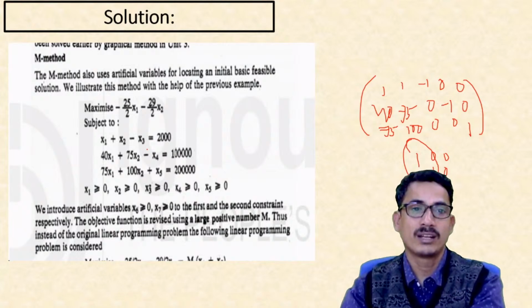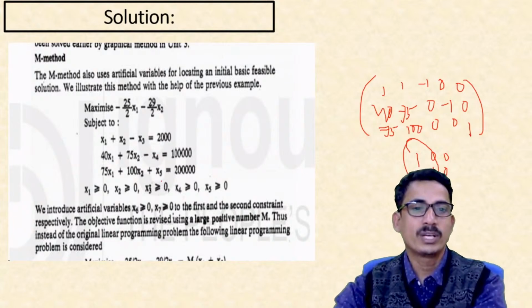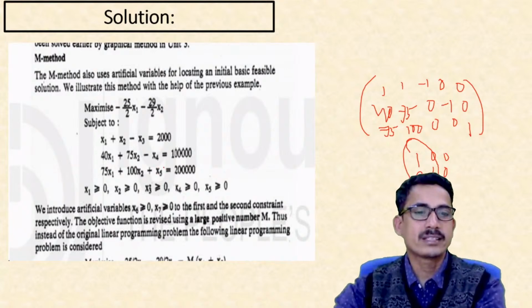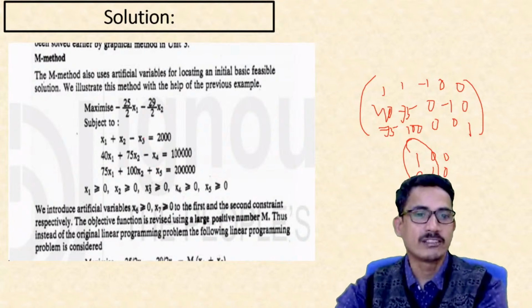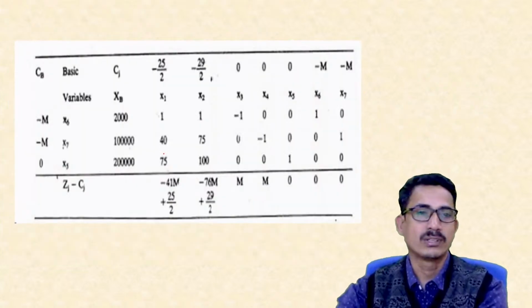The first equation. In the first equation, you have to add one variable by which you can get the coefficients 1, 0, 0. If you require 0, 1, 0, the 1 is in the middle, so in the middle equation you have to add another variable. Here up to x5 is taken, so you can take x6, x7. x6 you add in the first equation, x7 you add in which equation? The second equation.